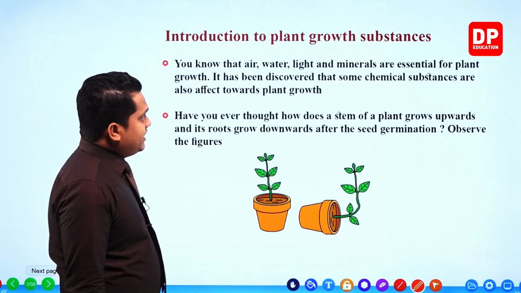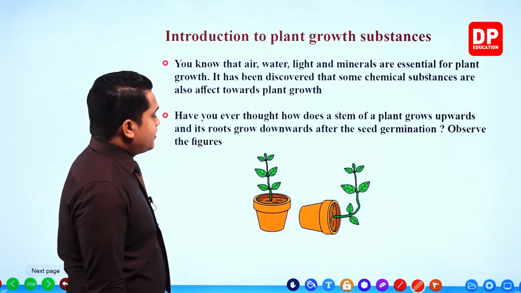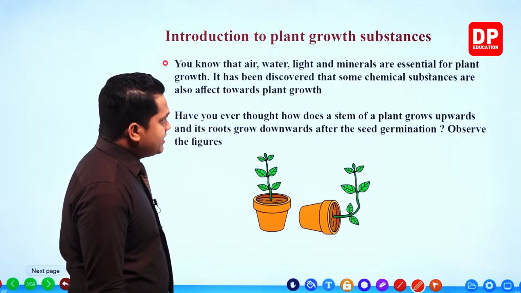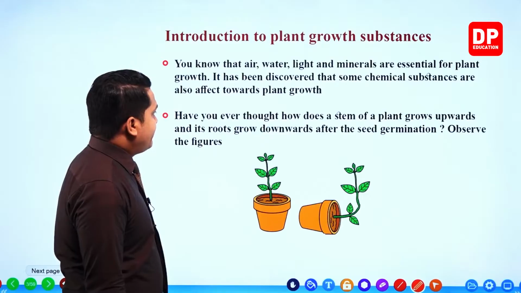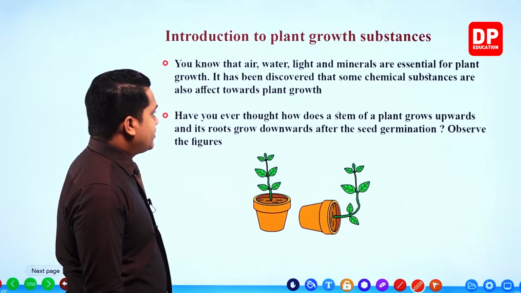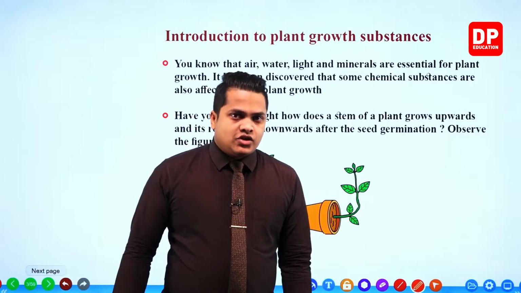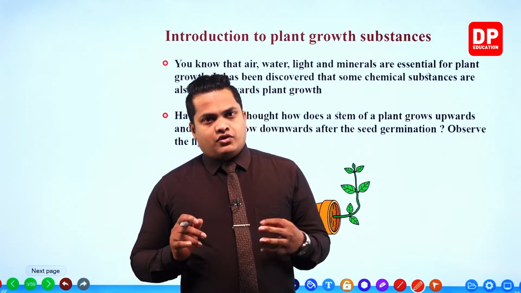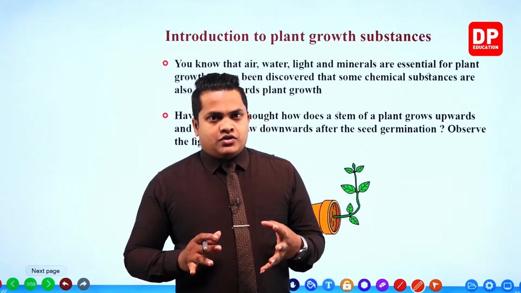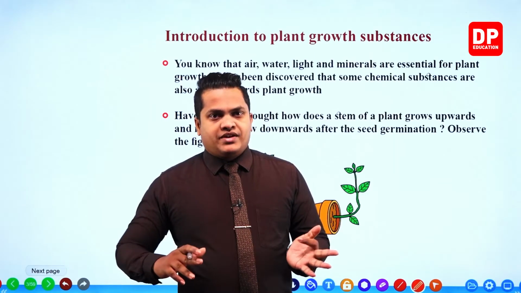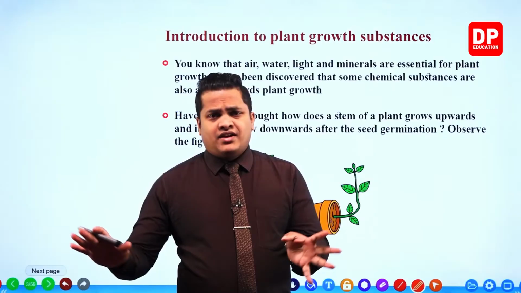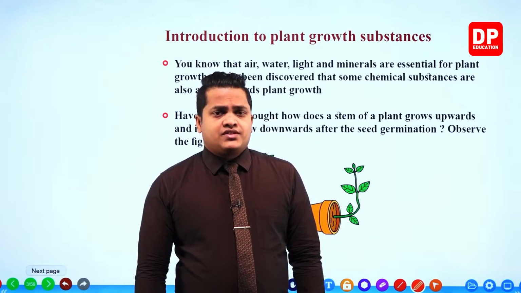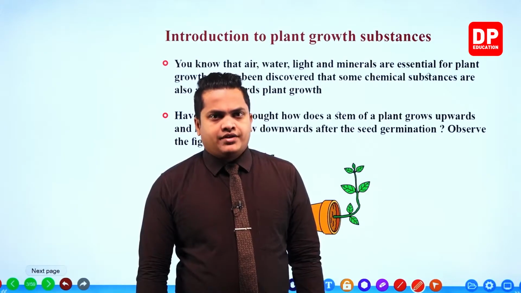You know that air, water, light and minerals are essential for plant growth. It has been discovered that some chemical substances also affect plant growth. So like I said, my dear children, there are several factors which are essential for the growth of a plant. Those factors are water, minerals, sunlight, and plenty of other substances.